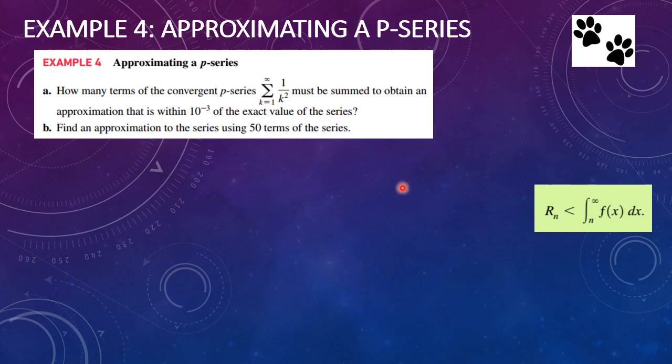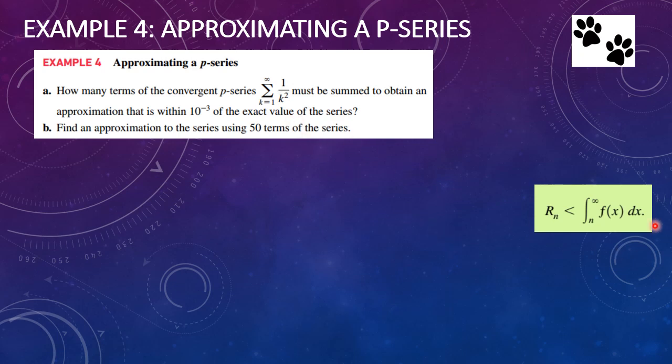So we want this remainder to be within 10 to the negative 3, so that our answer has to be less than 10 to the negative 3.